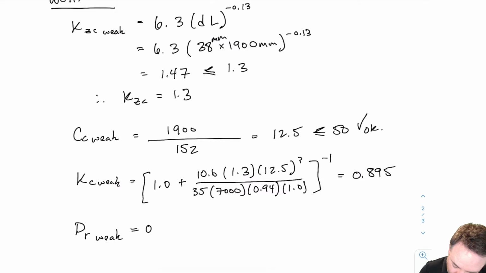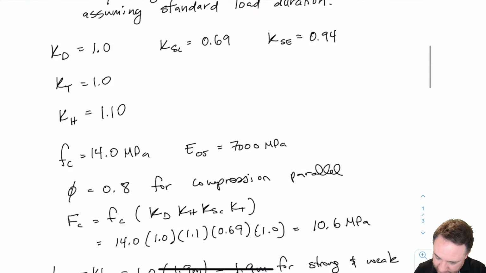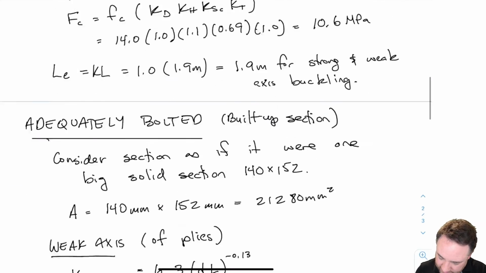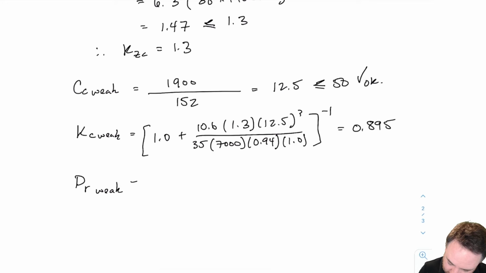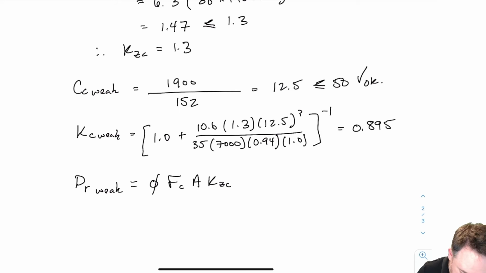So now we can go back to our PR equation, PR weak. Actually, let's write that all out one time at least. We have phi times FC times A times our KZC times our KC.